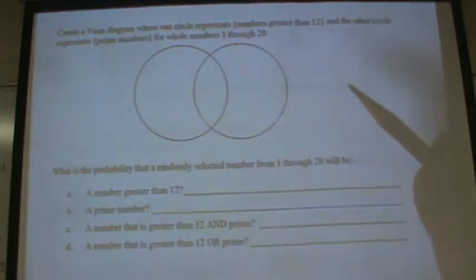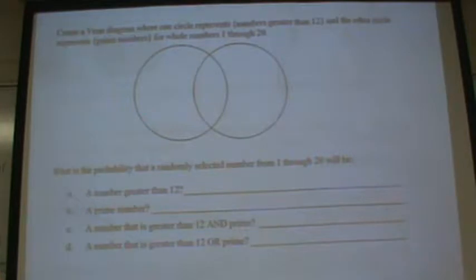So our problem says to create a Venn diagram where one circle represents numbers greater than 12 and the other circle represents prime numbers, and this is for whole numbers 1 through 20.